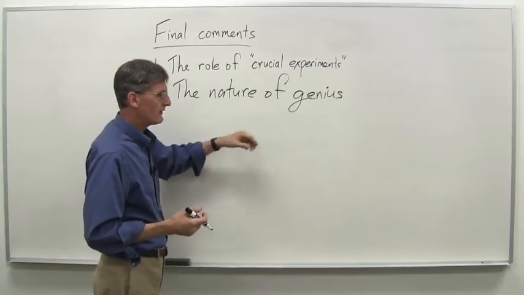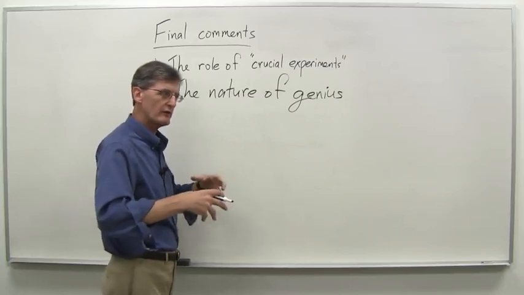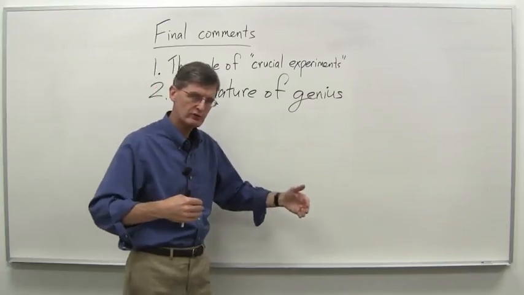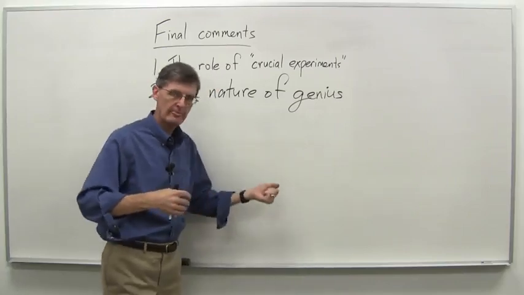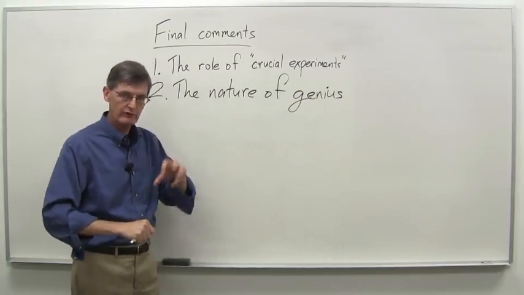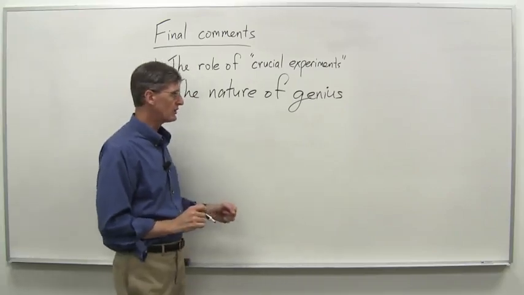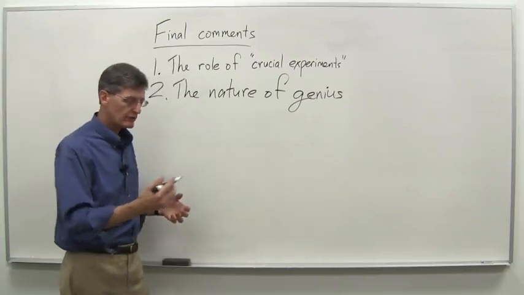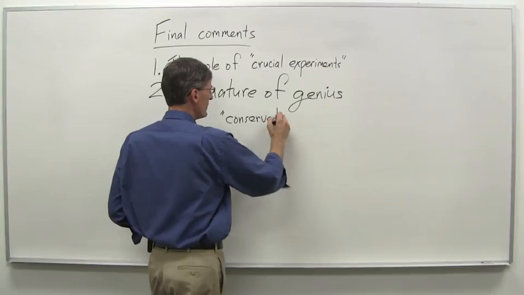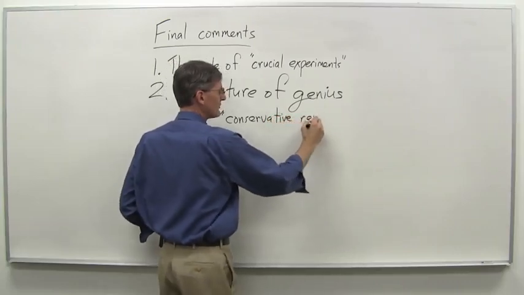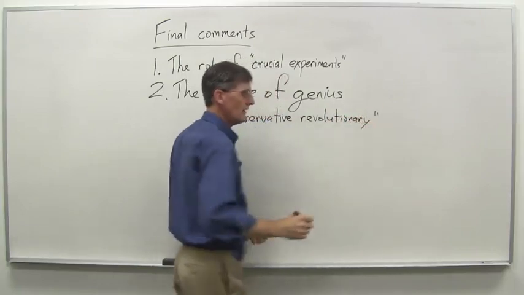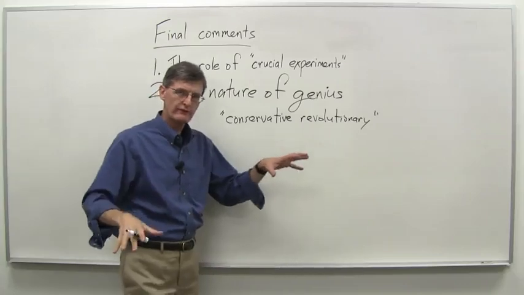And interesting enough, you can think of Einstein, even though in a real way he was a revolutionary, he was at the beginning of the quantum revolution, as we mentioned before. The development of the theory of relativity was clearly revolutionary, both the special theory and the general theory. And yet, in a sense, you could say he was a conservative revolutionary in some ways, because he had one foot in each camp.